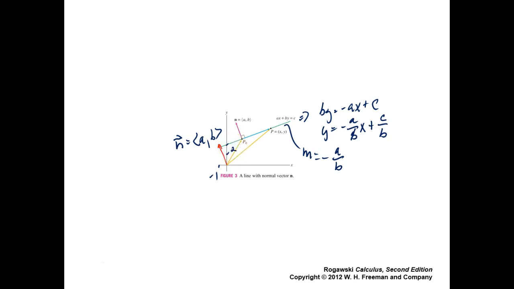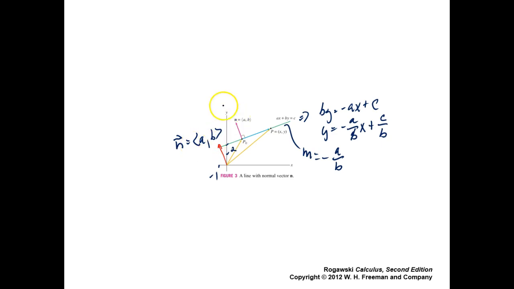You don't have to, but that would be that vector. So what is its slope? Rise over run: plus 2 over negative 1, which was plus B over A.